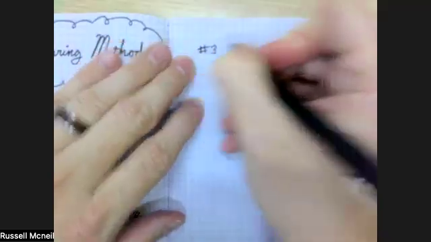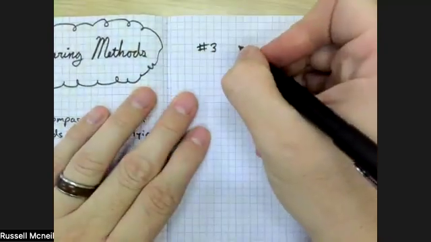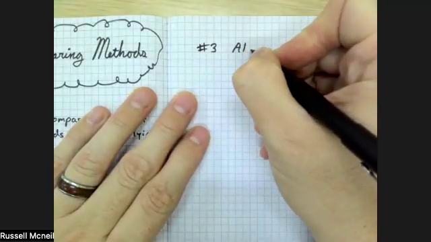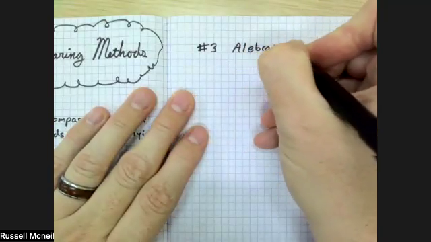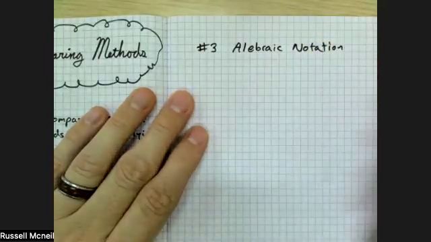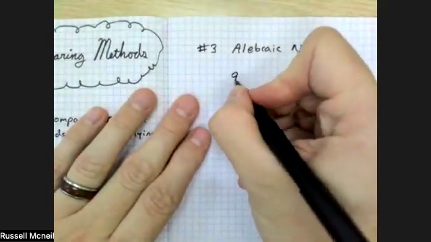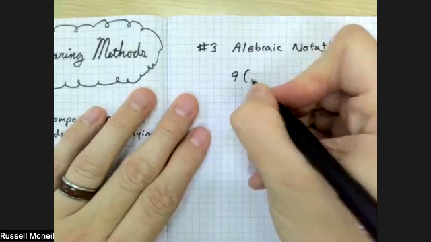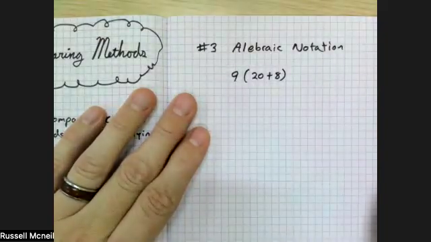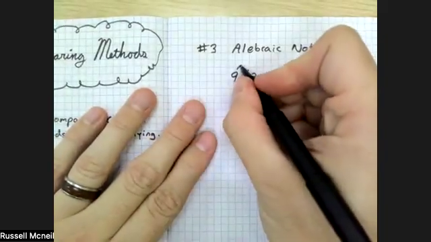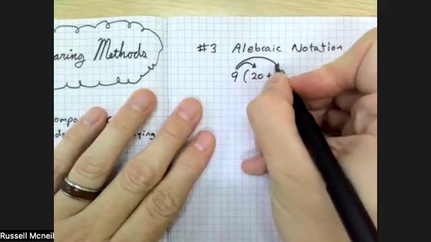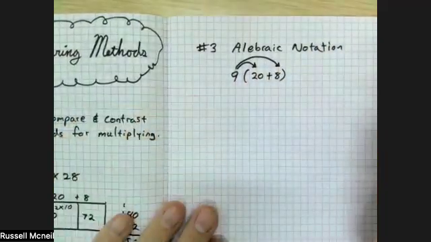Method number 3. This was what we learned in class recently. That is the algebraic notation. And same problem, 9 parentheses 20 plus 8. This time, no area model, and we're distributing to get our answers.